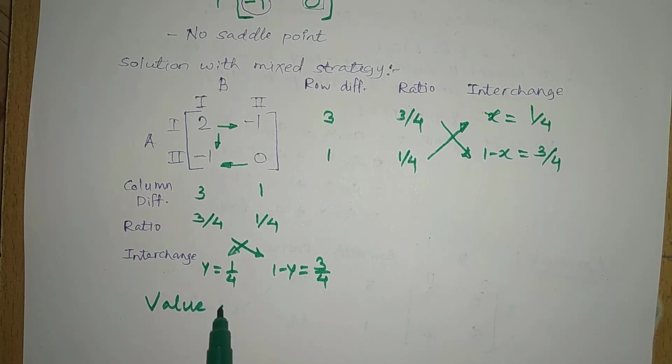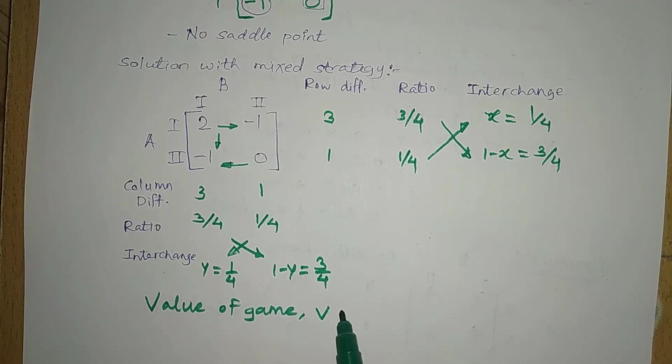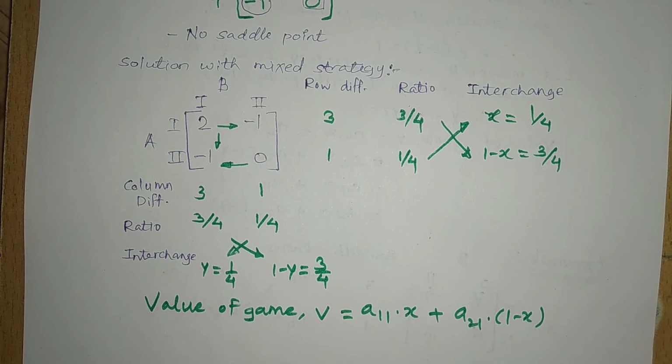The value of game to player A: V equals A11 into x plus A21 into (1 minus x).